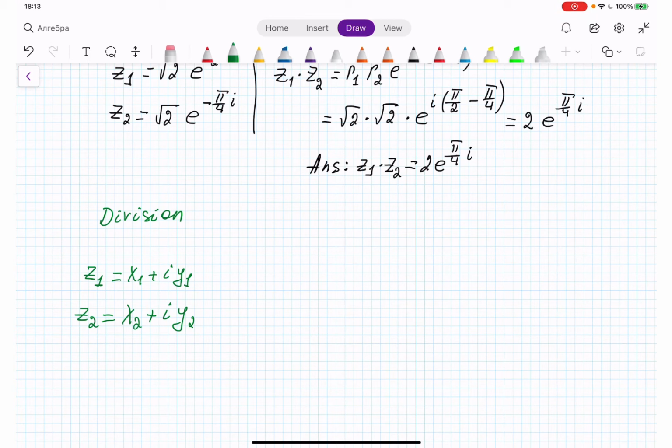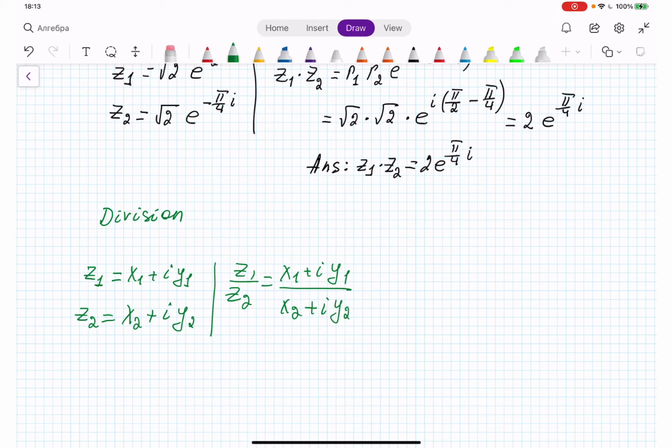To divide them, z1 over z2 is equal x1 plus i y1 over x2 plus i y2.